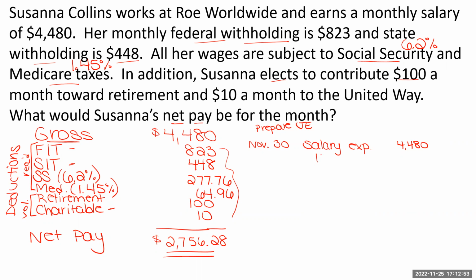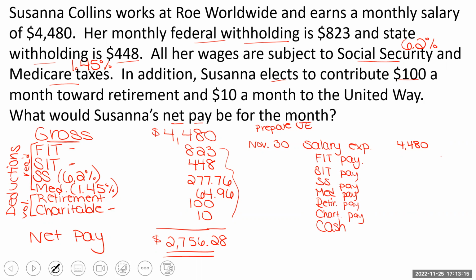So we get to write liabilities: FIT payable, SIT payable, Social Security payable. I know, so fun. Medicare payable, retirement payable, charitable giving payable, and net pay goes to cash.